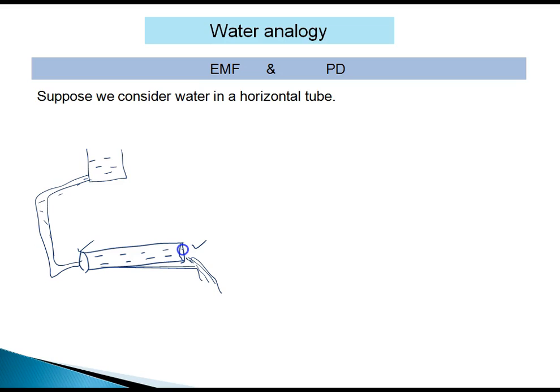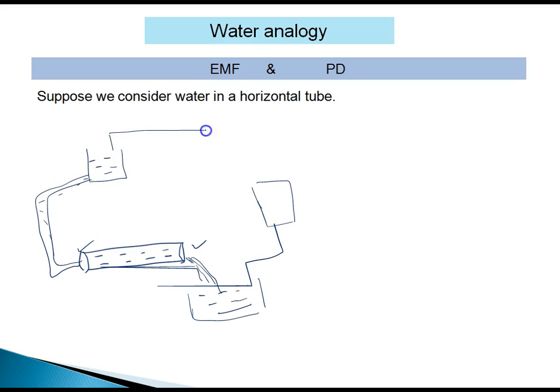Now what do you want? You want a steady flow of the water, as you want a steady flow of current, and you want to use this water again in the circuit. It means if you collect this water somewhere in a tank, you want to lift this water, so you use a pump.